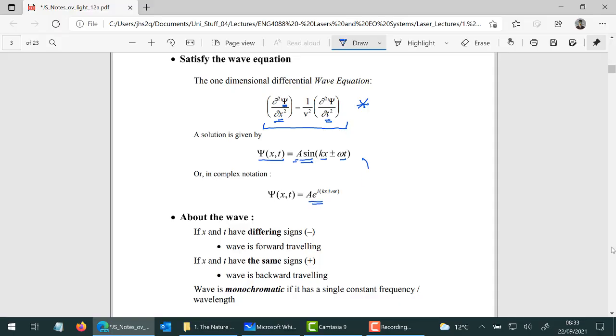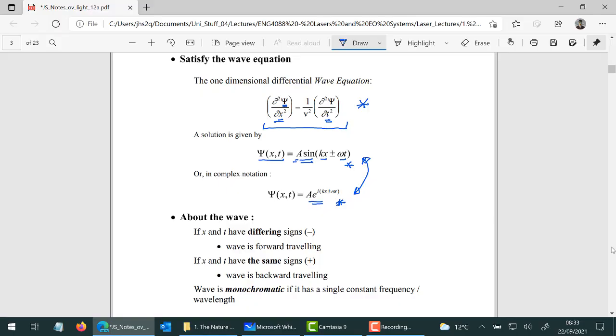And in this course we'll change from one to the other as and when it suits us. Sometimes the complex notation is easier for us when we're doing the maths, and sometimes more intuitive for us to think of sine waves. So we'll just choose whichever representation makes the most sense to us mathematically at the time, but you should look at these as being equivalent.